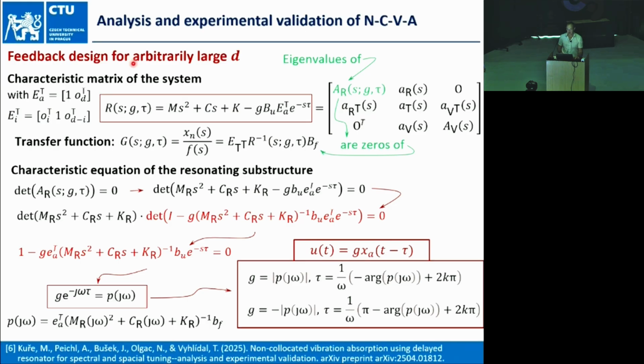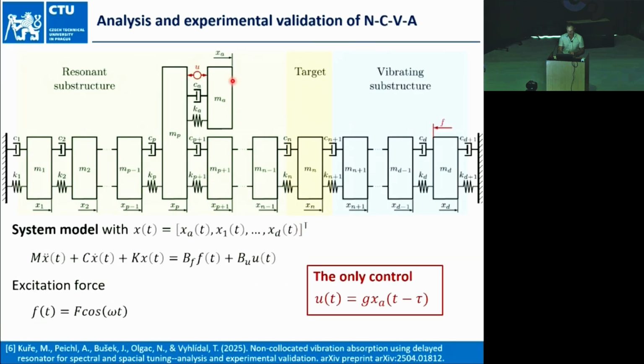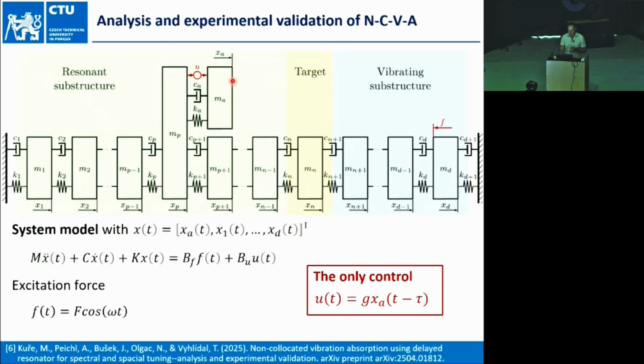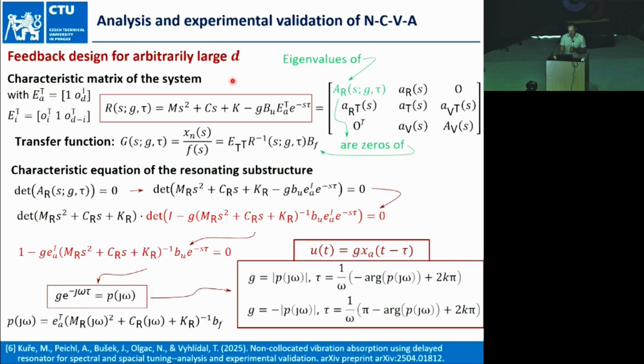Yeah, so the delay can be arbitrarily large for this approach, because Nejat's work, as well as the work of Filipovic and Schroeder, are based on quasi-polynomials, on characteristic functions, which has some limitations due to numerical issues.